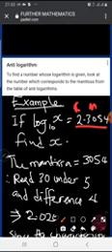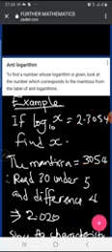Like I said, the mantissa is 3054, and then you read 30 under 5 difference 4. Mind you, you trace 30 under 5 and then difference of 4. You add the difference.